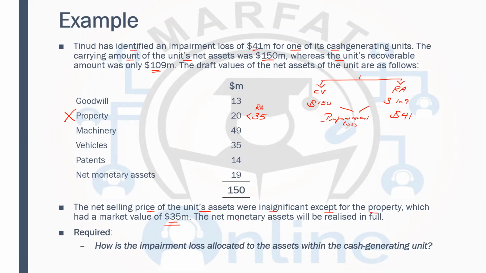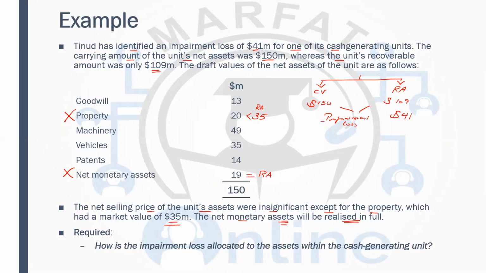Then they said the net monetary assets, usually the current assets, will be realized in full. These are liquid assets, so that means this is already equal to their recoverable amount. So no impairment should be charged to the net monetary assets as well.